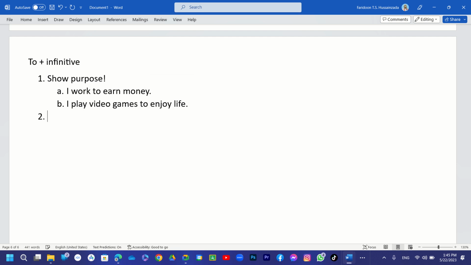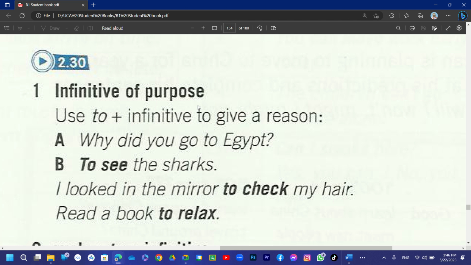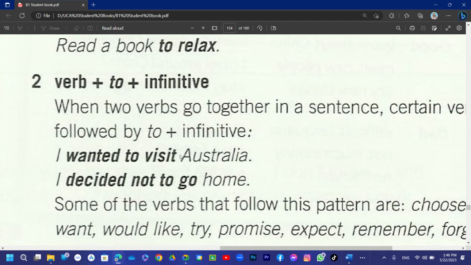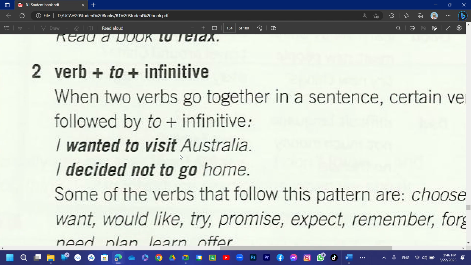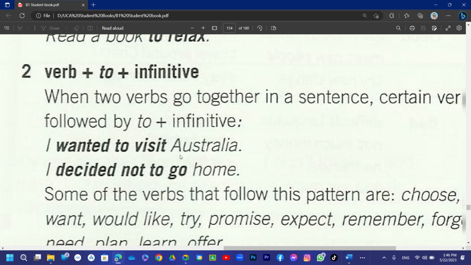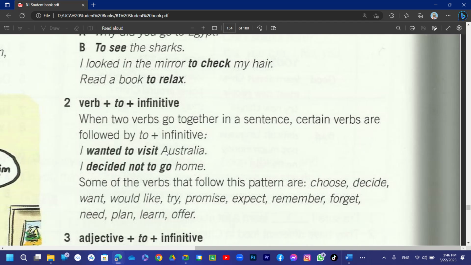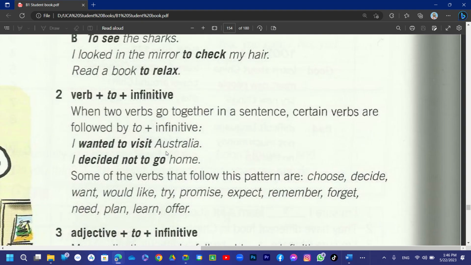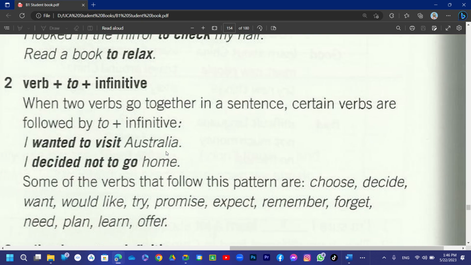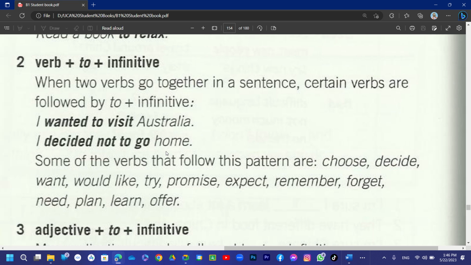Okay, so let's talk about usage number two. Use number two is going to be verb plus to plus infinitive, and this one is not as easy. I cannot give you a rule for it, but you do have to study some lists that have these verbs. I will share after the video as well.